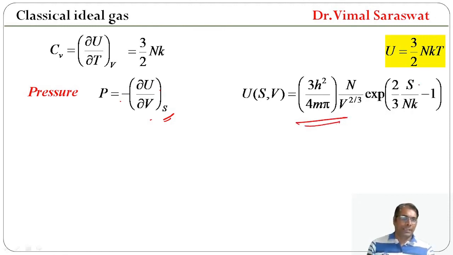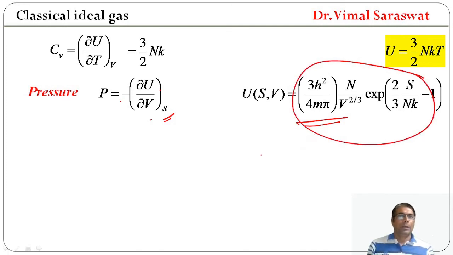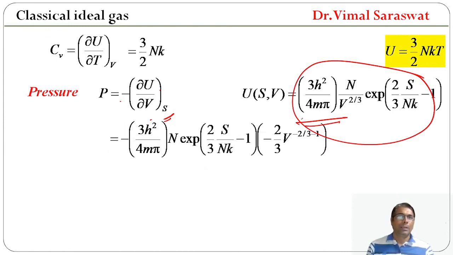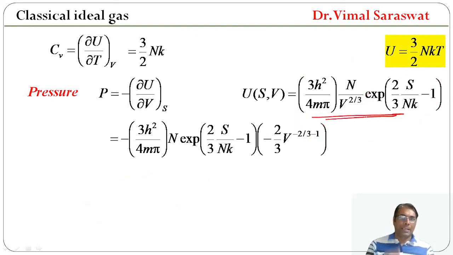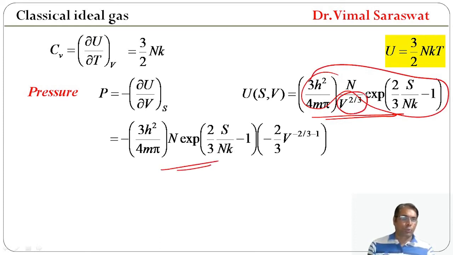So we differentiate this U with respect to volume at constant entropy. 3h²/(4πm), N and this whole term remain as they are, and the differential of 1/V^(2/3), which is V^(−2/3), will be equal to −2/3 V^(−2/3 − 1).